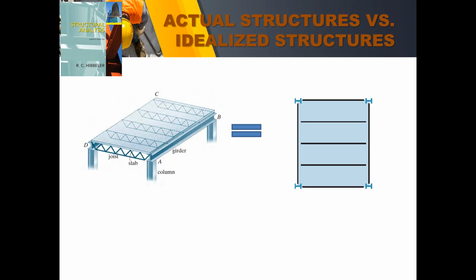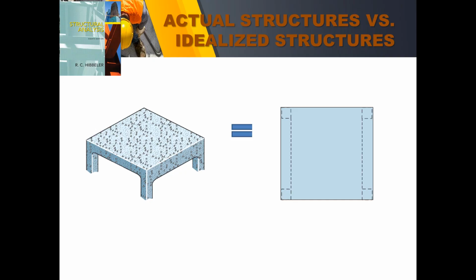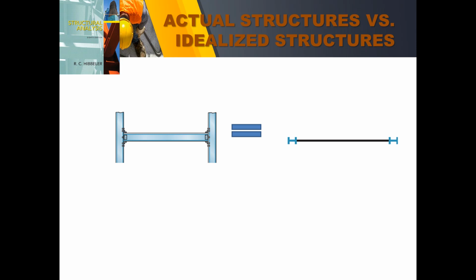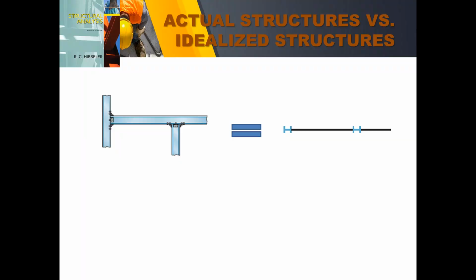And a floor system here is composed of a series of beams, girders, and columns with the joists and slab. So we'll just have to represent that into lines. Okay. So those are typical idealized structures compared to the actual structures.